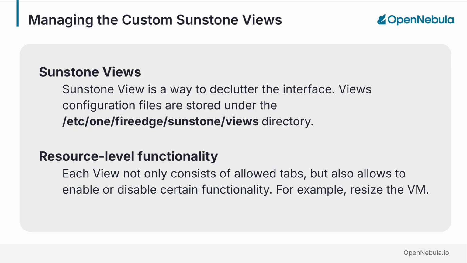Each view not only consists of allowed tabs, but also allows you to enable or disable certain functionality. For example, resize the virtual machine or remove some buttons from the resource screen.